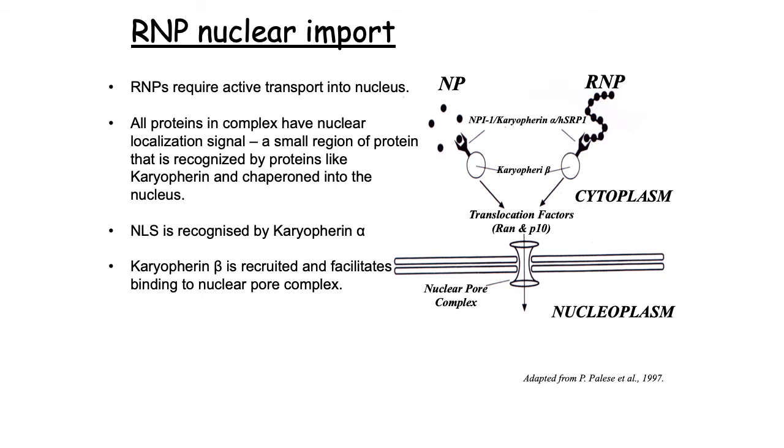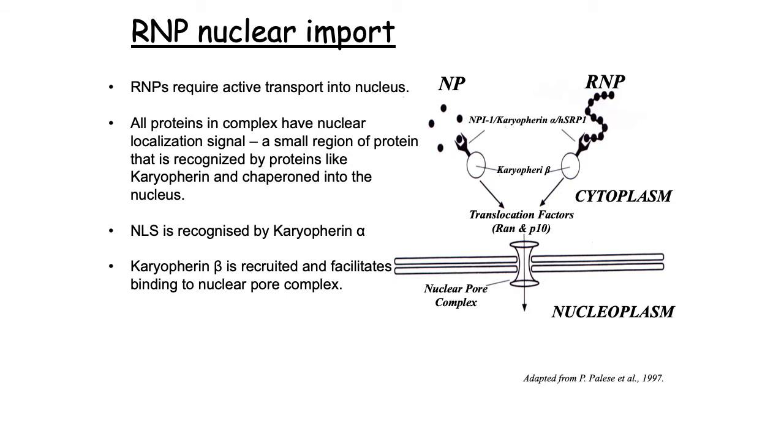I think it actually means nut. But karyoferrin A is a protein that is routinely going to pick up things from the cytoplasm and take them into the nucleus. So this is how we manage to keep things going in the nucleus. We've got karyoferrin that's ferrying things into the nucleus.